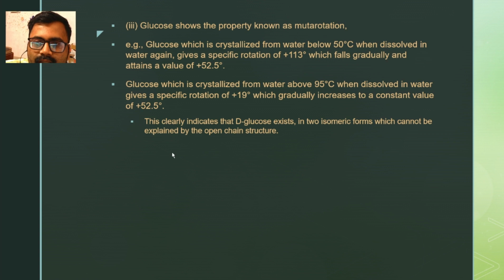So this clearly indicates that the D-glucose exists in two isomeric forms, which cannot be explained by the open chain structure.